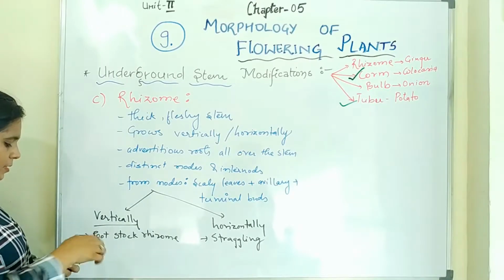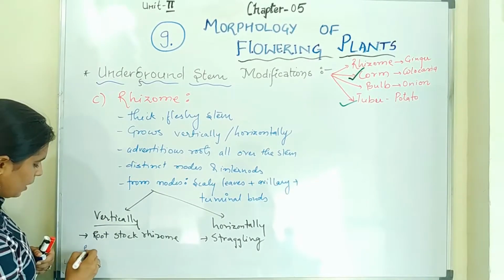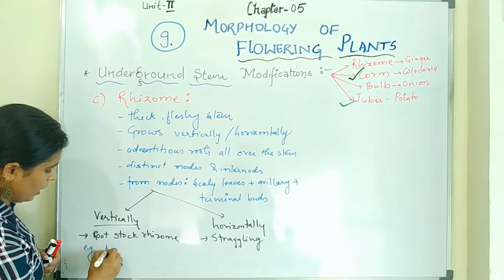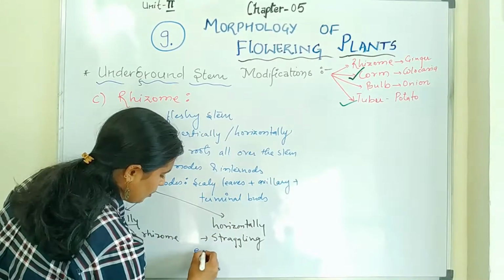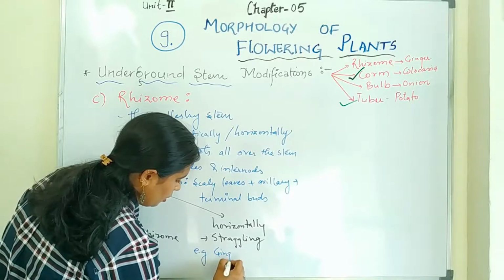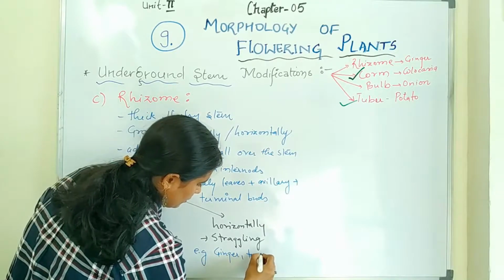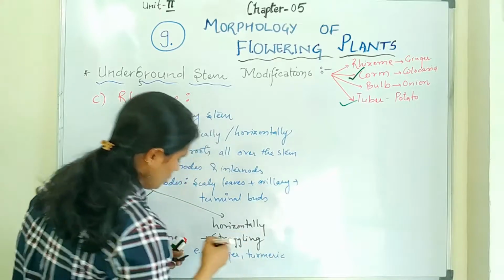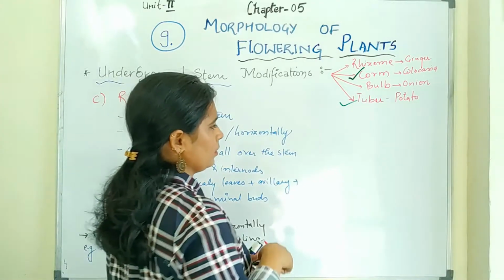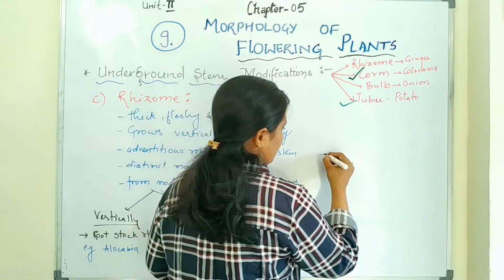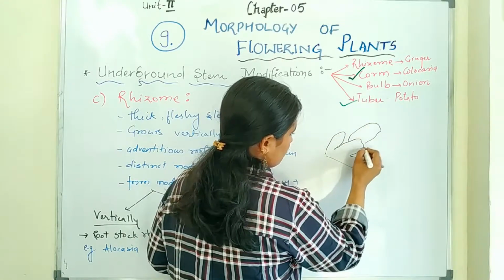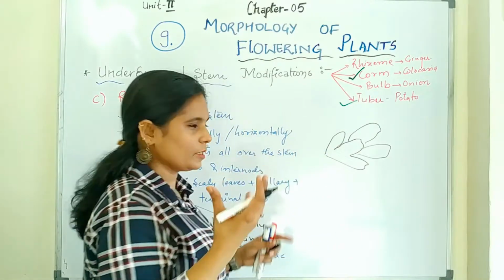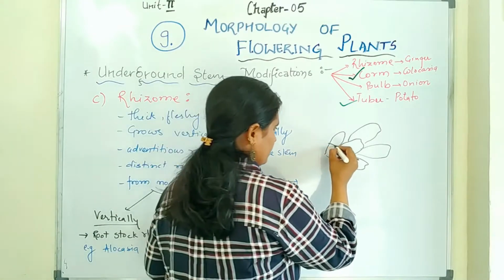The example here is alocasia, and here the example will be ginger, turmeric. So how you see the straggling one, it is like this. If you see the structure of ginger, it is somewhat like this.